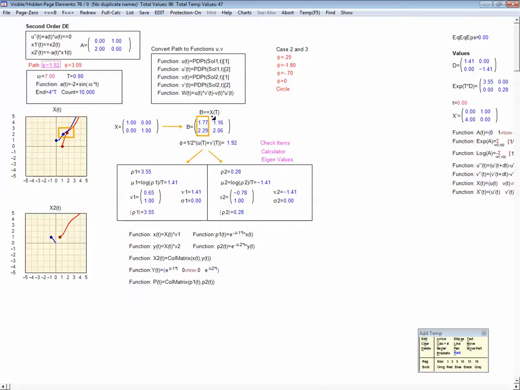This is the first solution at time big T, and this is the second solution at time big T. Then I calculate my phi, which is the solution of the characteristic equation. I won't go into that, and right now I'm presuming you're familiar with that. But this is our definition of phi.